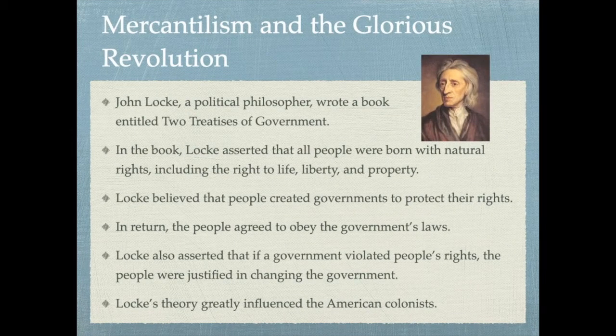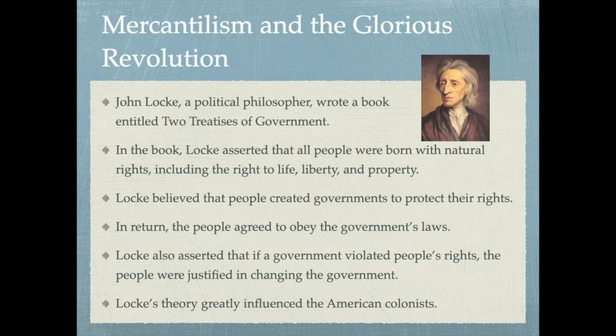John Locke, a political philosopher, wrote a book entitled Two Treatises of Government. In the book, Locke asserted that all people were born with natural rights, including the right to life, liberty, and property. Locke believed that people created governments to protect their rights.